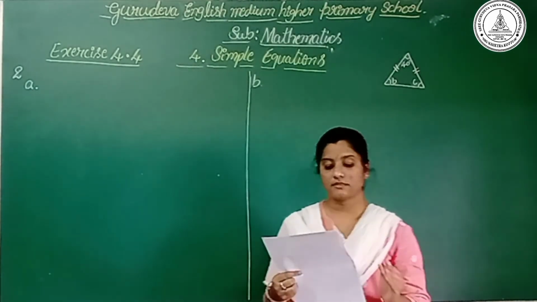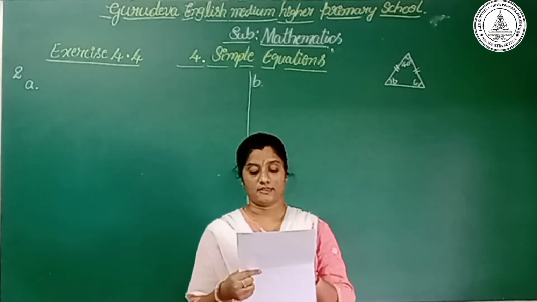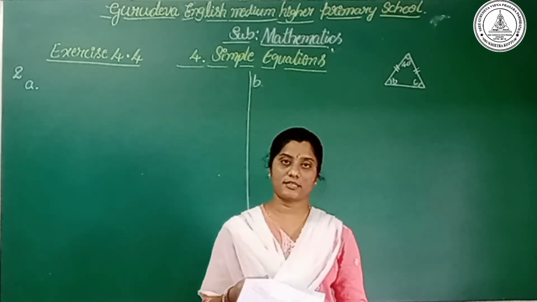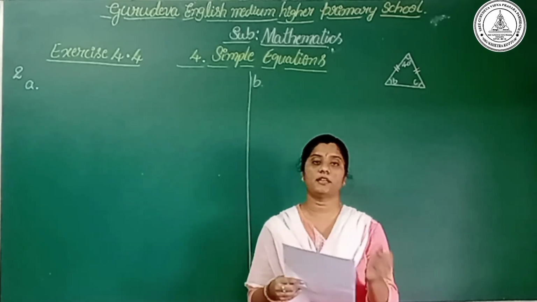Here the teacher said that the highest marks are twice the lowest marks plus 7, and the highest score is 87.